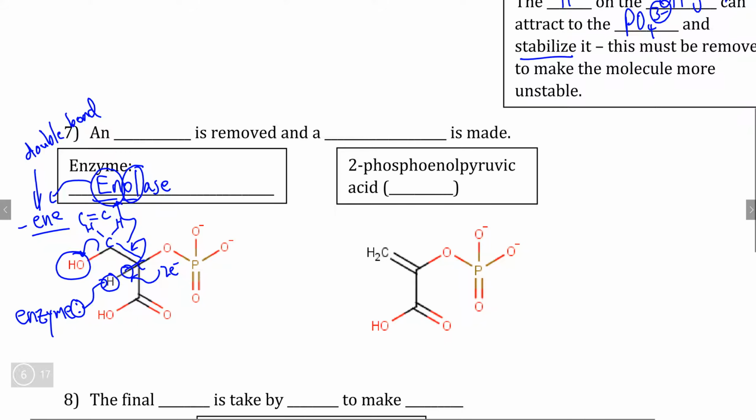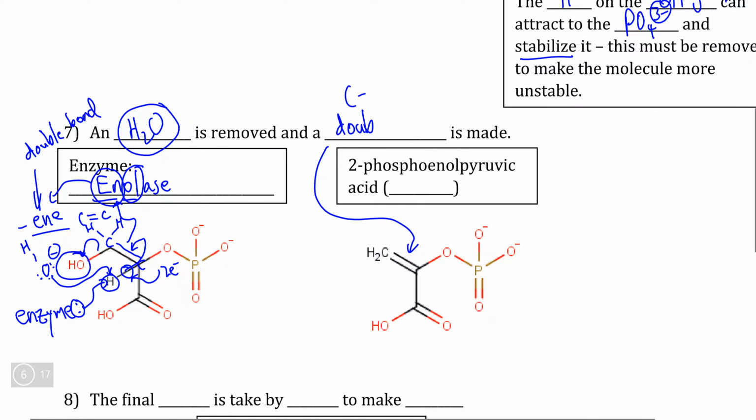And as a consequence of this, we have effectively removed a water molecule. So again, the enzyme initially pulled off this hydrogen here, but then the OH minus that breaks off, that used to be this alcohol, can take the hydrogen away from the enzyme, regenerating it, effectively showing us that we have removed water, and in the place where the OH group used to be, we have now made a carbon-to-carbon double bond and created the molecule 2-phosphoenolpyruvate.